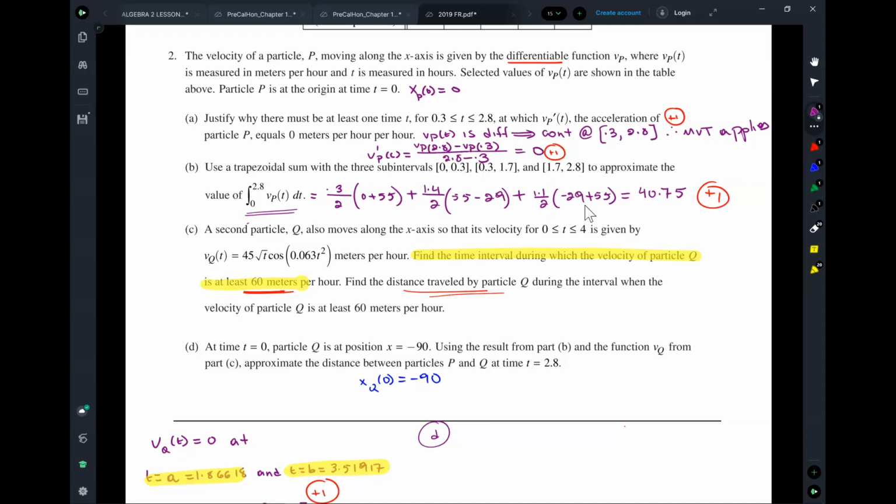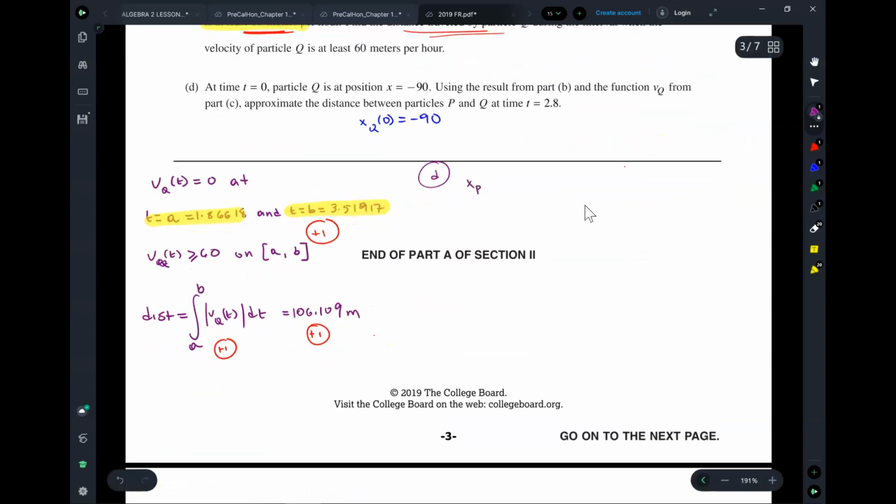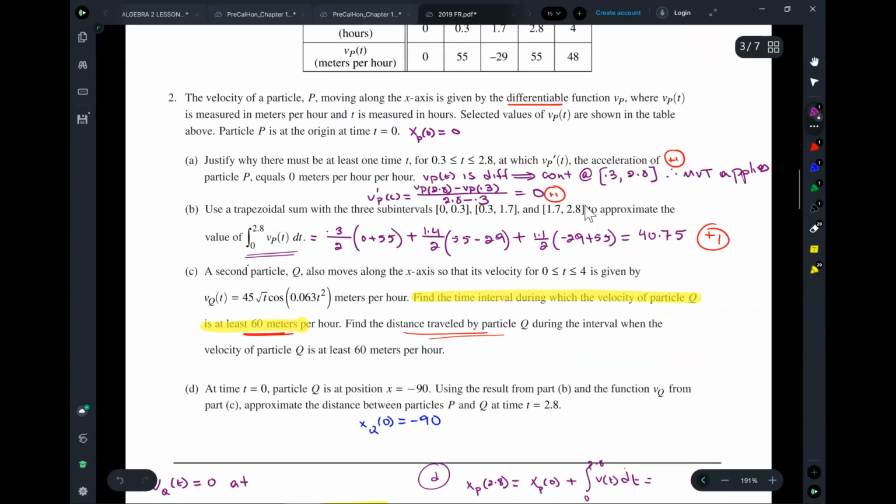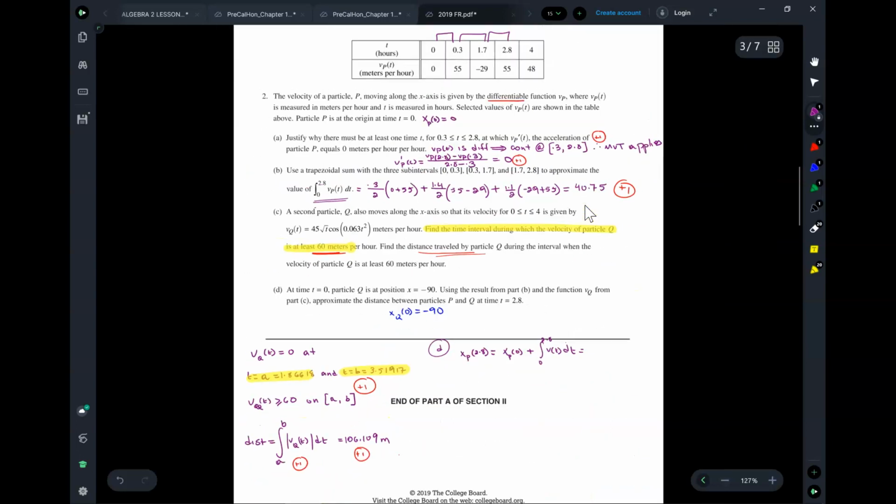So the position of the particle at 2.8 is x0 plus that. The particle at t equals 0 was at 0, plus 40.75. So it's now at 40.75.